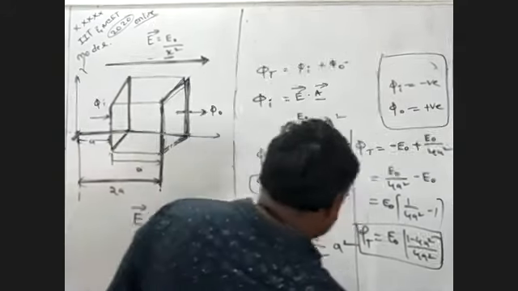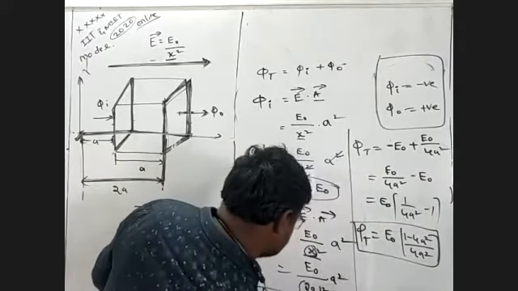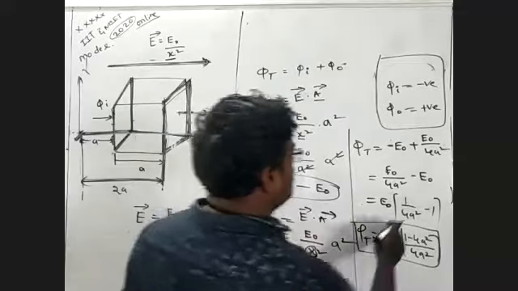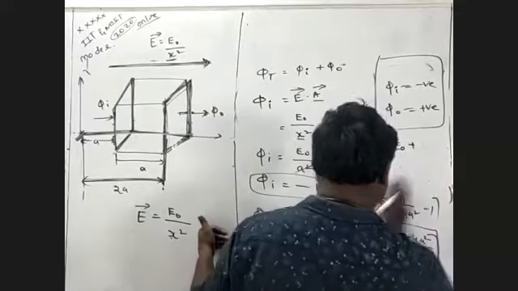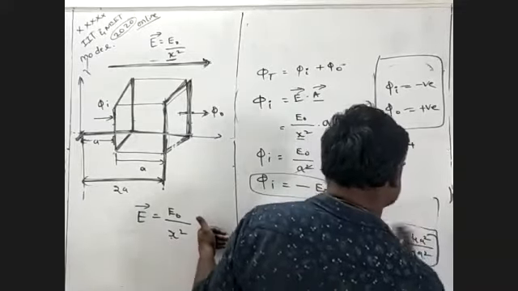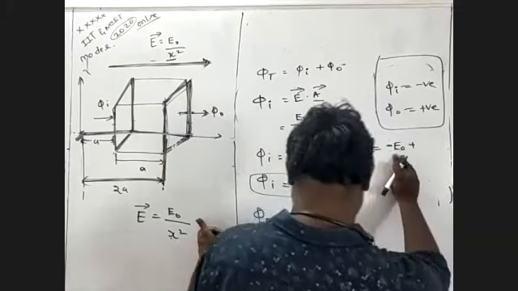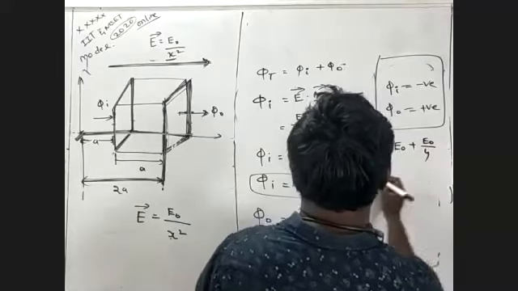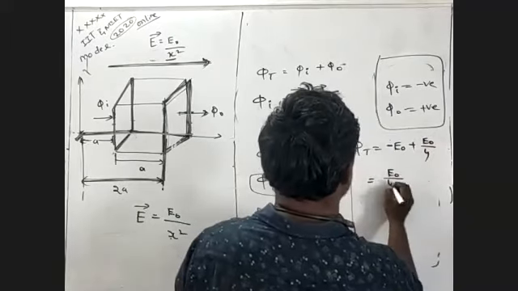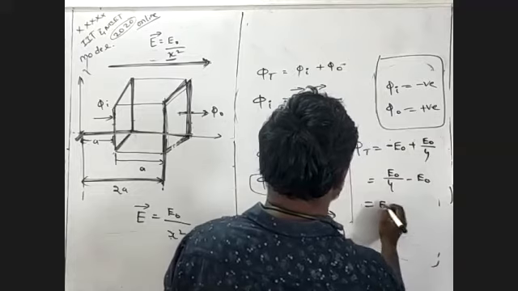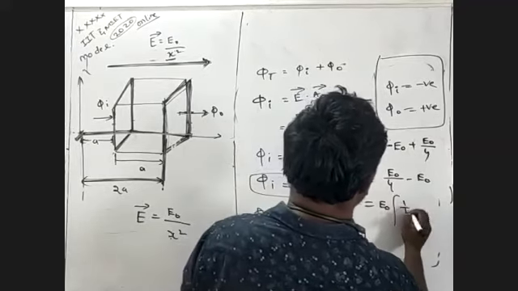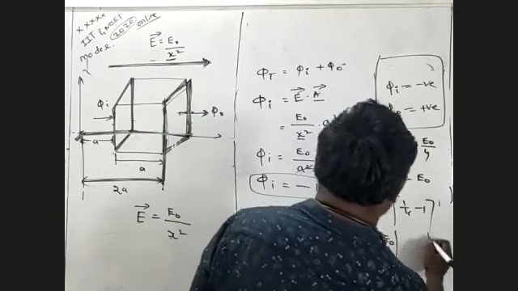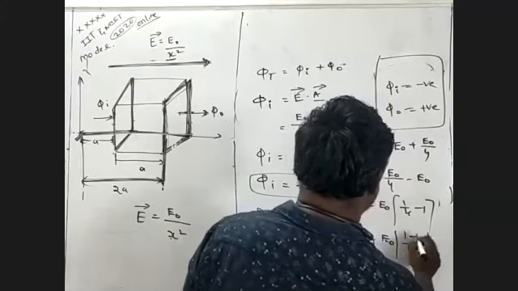The a square cancels with the a square, and we are getting minus E naught plus E naught by 4. So E naught by 4 minus E naught. Take E naught common: 1 by 4 minus 1. Now take the LCM 4: 1 minus 4.